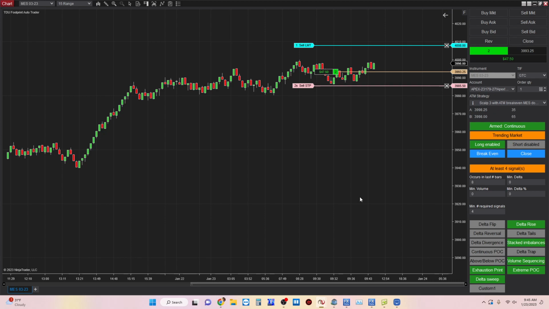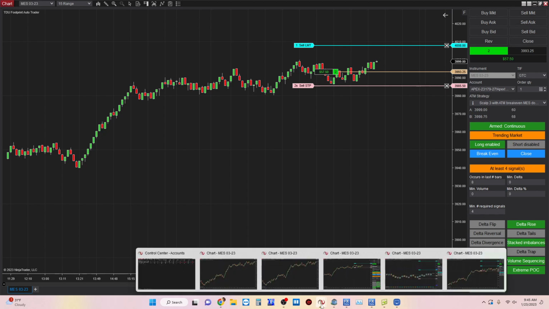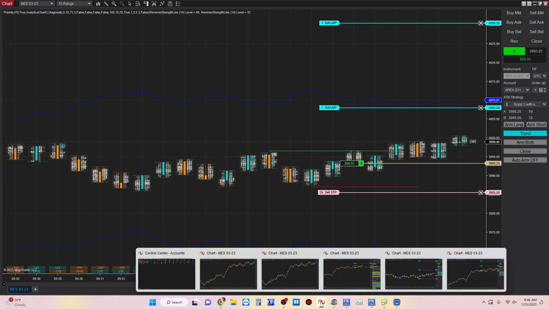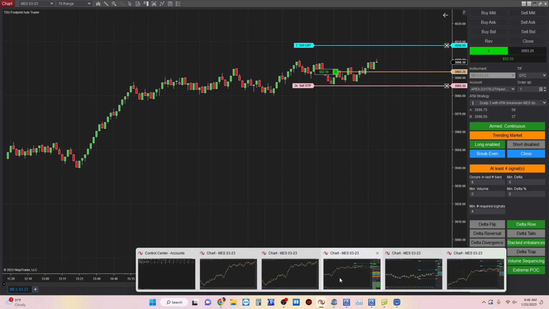But as far as what I wanted to show you was the automation I'm using, and that's using the Trade Devils Indicators Autoflow bot. I have 2 bots. I have the Polarity ATI bot, and this Polarity ATI bot is very two-dimensional. It's only got trend and regression. It's based on stacked imbalances, which is related to the delta and the order flow.